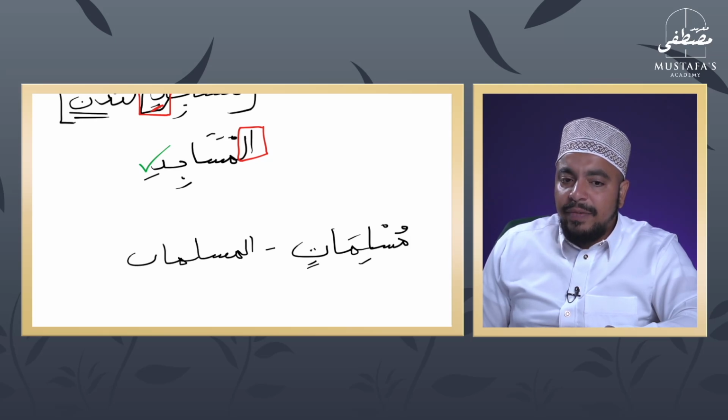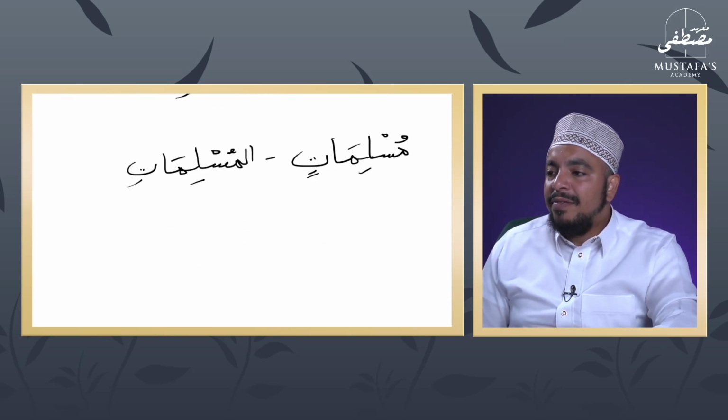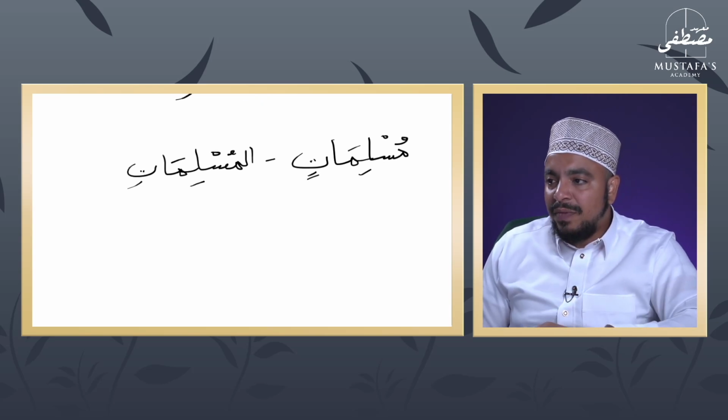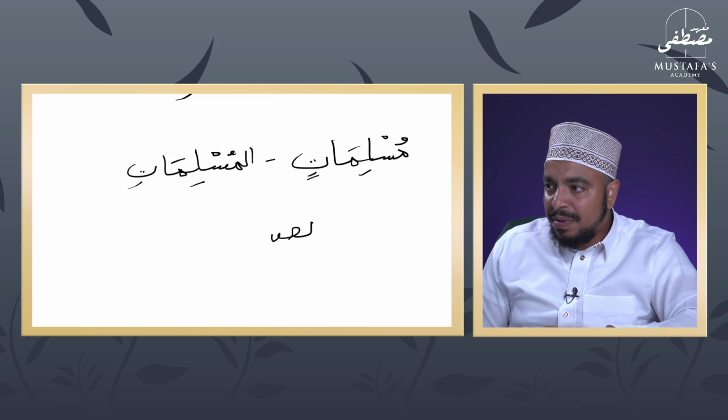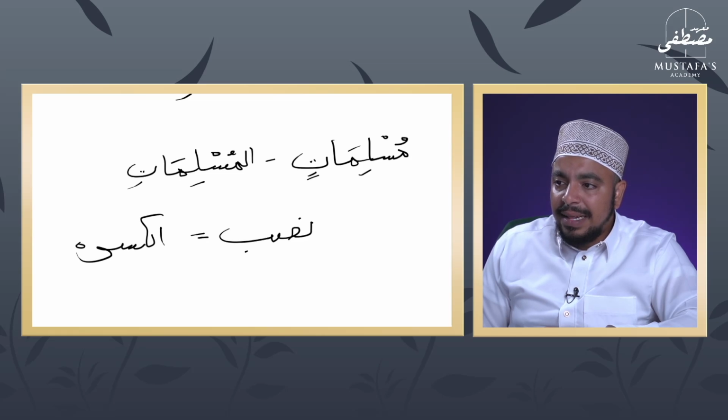But something I want to make very clear for you is this. When you look at the previous class of what we covered, we said that when a feminine plural noun is in a state of nasb, it ends with a kasrah. أليس كذلك?